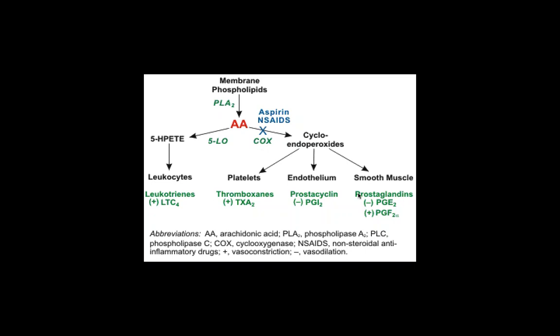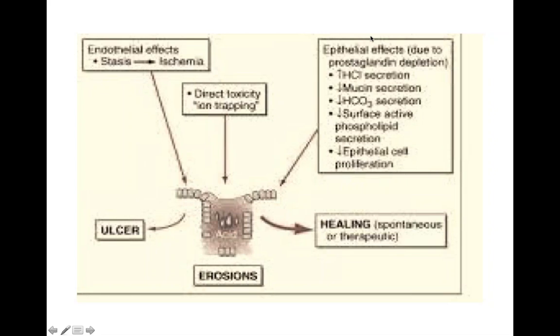So there will be decreased production of prostaglandins if we give the patient aspirin or NSAIDs. Prostaglandins have a protective effect on the mucosa. They increase mucus production, increase bicarbonate synthesis, and also epithelial proliferation. So these are the effects of prostaglandins.